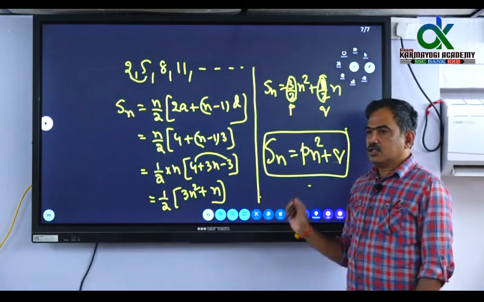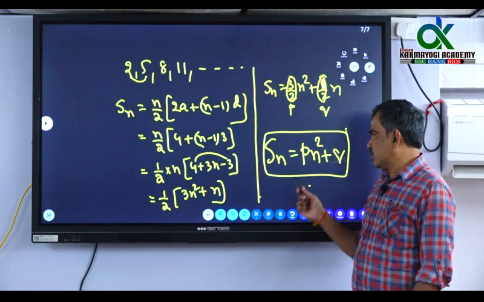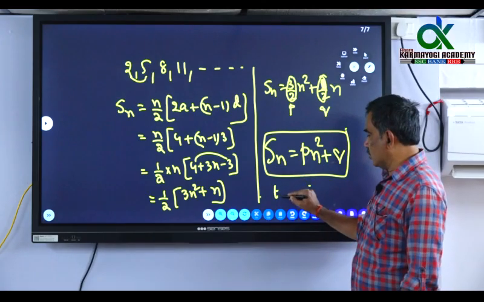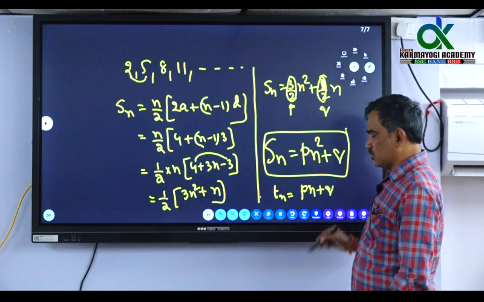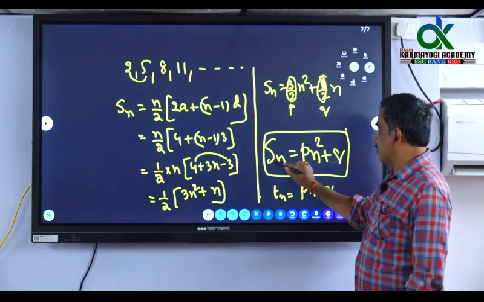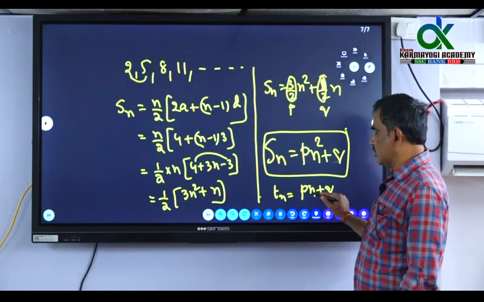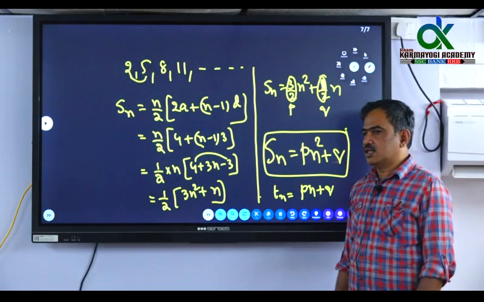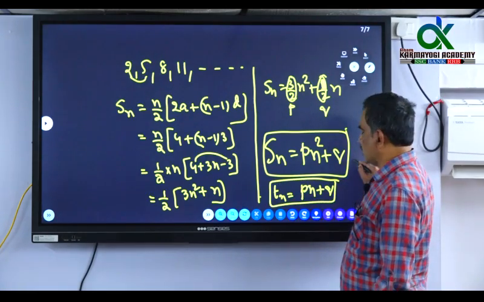Okay. So general ga sum of n terms ఏ ఫార్మాట్లో ఉంటుంది అంటే pn square plus qn. ఇదే మీకు tn కూడా ఇచ్చాను, గుర్తుందో లేదో లాస్ట్ క్లాస్లో pn plus q అని చెప్పాను. సమ్ ఆఫ్ ది n టర్మ్స్లో n స్క్వేర్ టర్మ్ n టర్మ్ ఉంటే nth టర్మ్లో n టర్మ్ అండ్ కాన్స్టెంట్ ఉంటాయి. ఓకేనా? సో దిస్ ఈజ్ అబౌట్ nth టర్మ్ అండ్ సమ్ ఆఫ్ n టర్మ్స్.